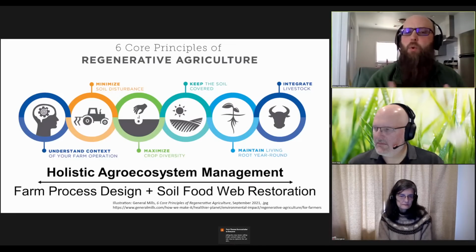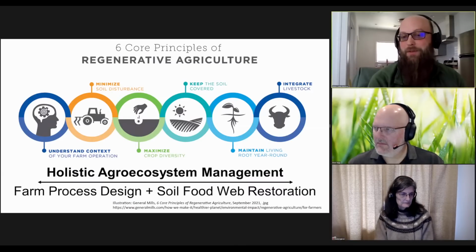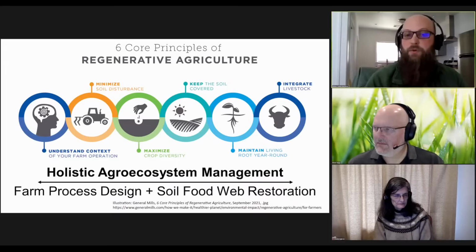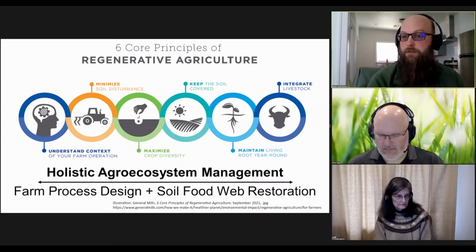These are all such important practices for farmers and ranchers to utilize. But again, if we don't restore that soil food web, then all of these beautiful practices that are going on are missing that keystone element. They're not going to be as useful.